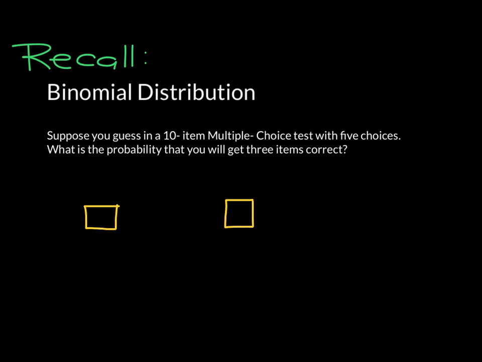Now, the chances of you getting the item correct is 1 out of 5. And the probability that you will not get it right is 4 over 5.